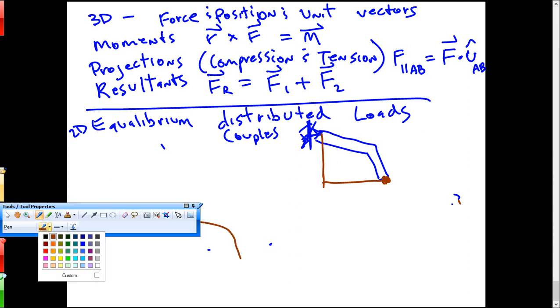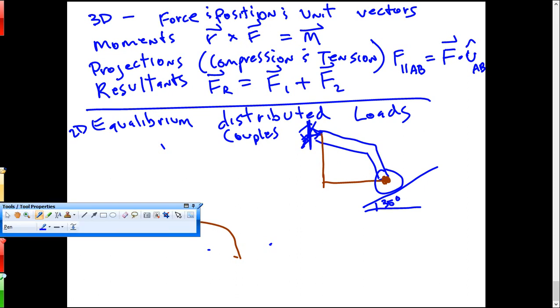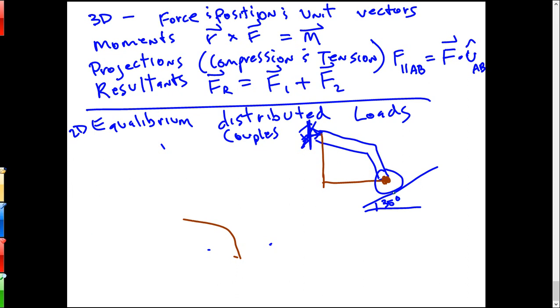And then what if there's a roller there? That's a roller, okay? Not a very round one, but that's my attempt at a roller. So if this is 35 degrees, what's the angle of the force? Yeah, 90 minus 35. 55?